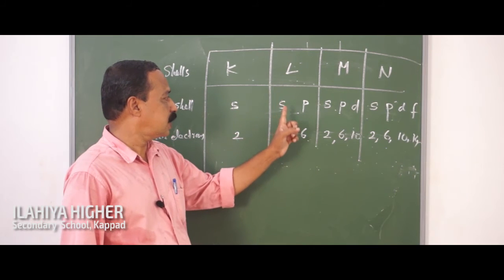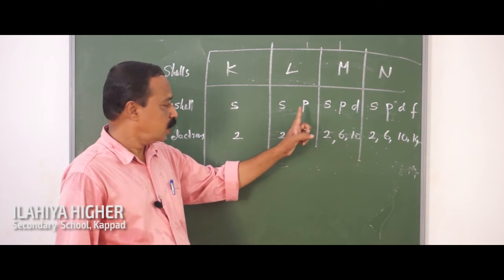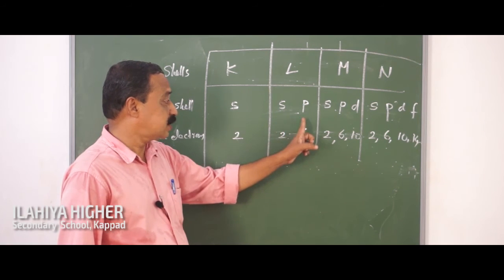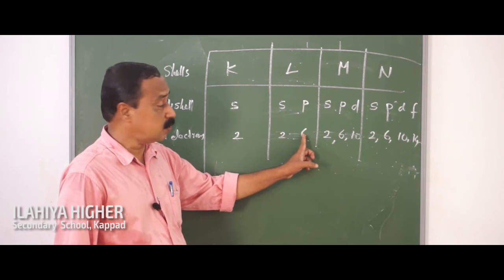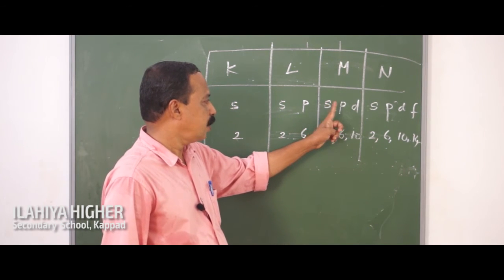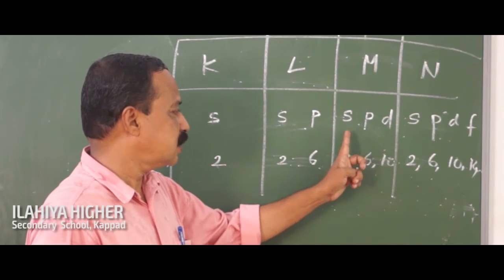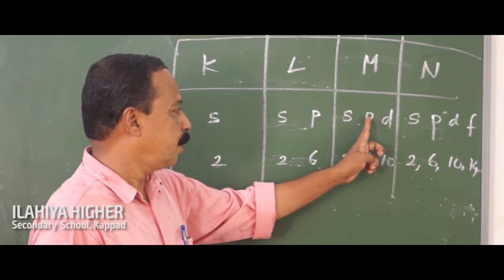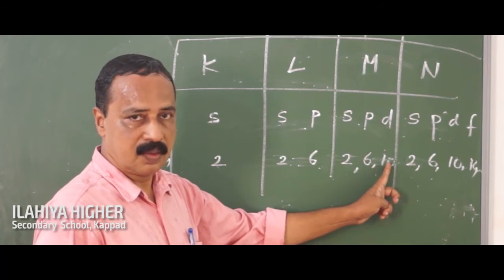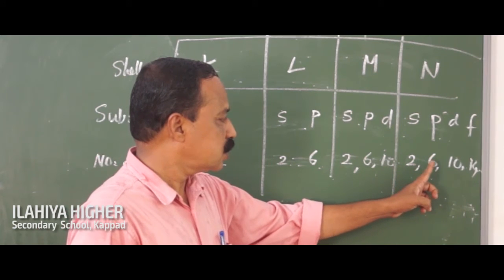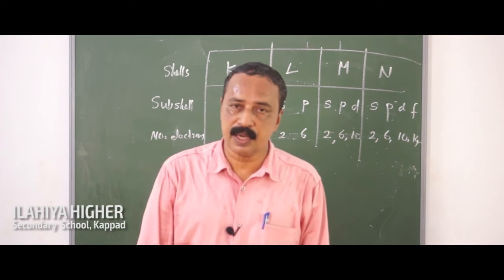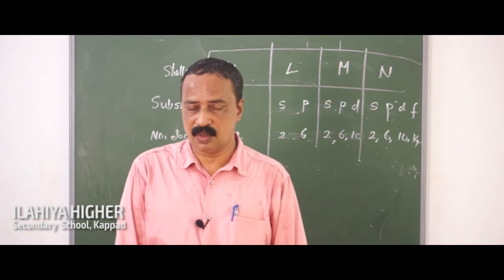L has 2 subshells, S and P. S 2 electrons, P 6 electrons. The third shell, M, has S, P, D: S 2 electrons, P 6 electrons, D 10 electrons. The F subshell can accommodate a maximum of 14 electrons.